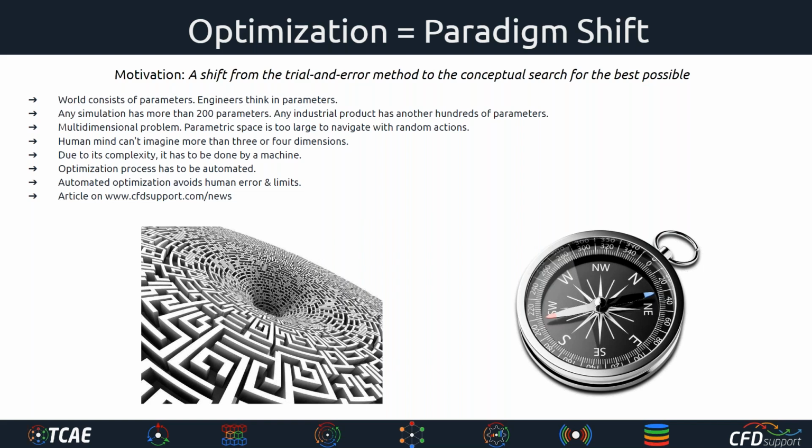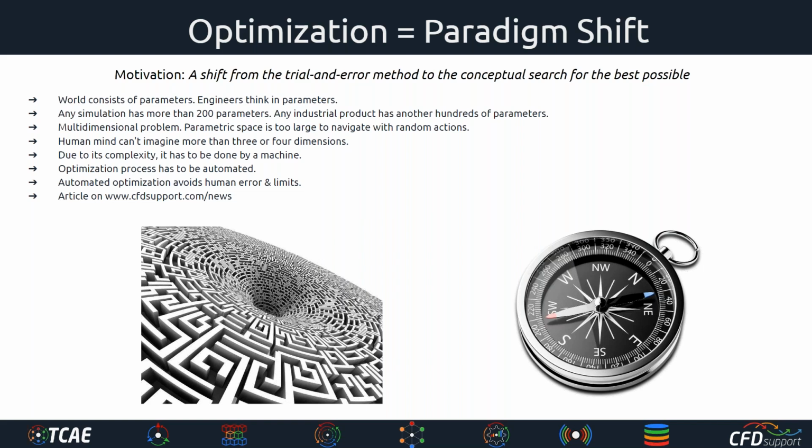So we are talking about infinitely huge parametric spaces, which are absolutely impossible to grasp by a human mind, because the human mind can imagine 2 or 3 dimensions, right? But we are talking here about parametric spaces that have hundreds of dimensions. It's absolutely impossible to imagine it with a human mind.